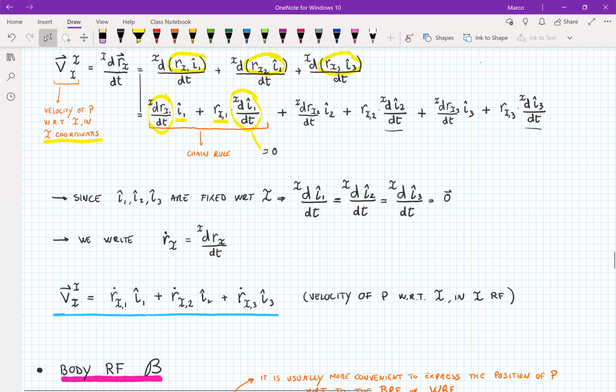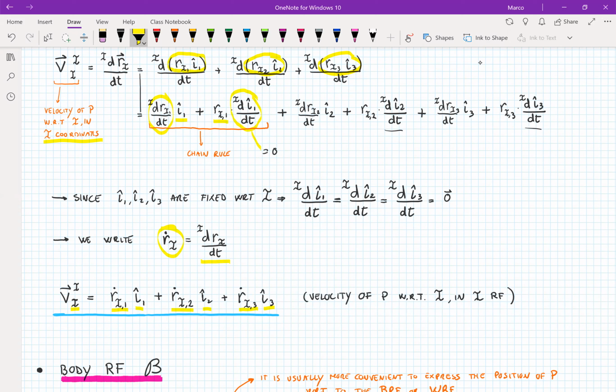So what we're really left with are only the other three elements, indicating dRI over dt with r dot I. We simply have that the inertial velocity of P in the I reference frame coordinates is rI1 dot in the I1 direction, plus rI2 dot in the I2 direction, plus rI3 dot in the I3 direction.